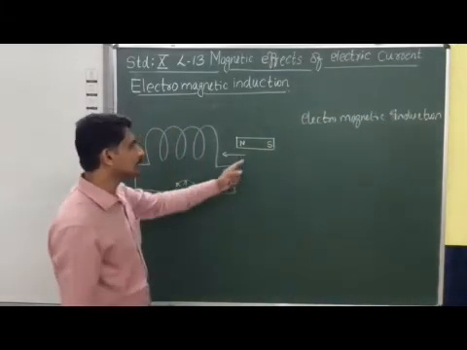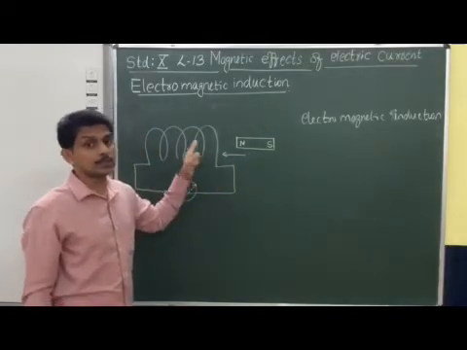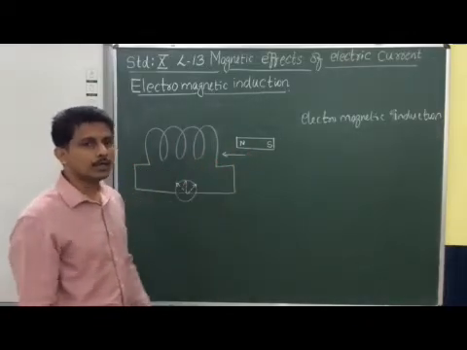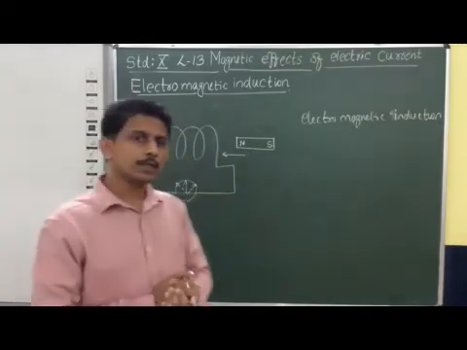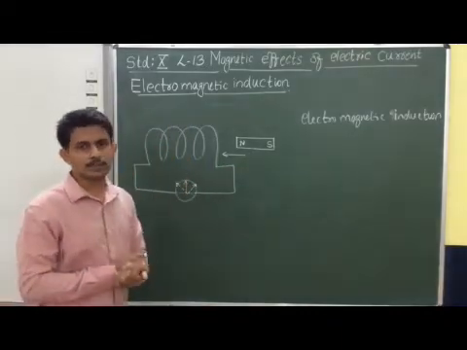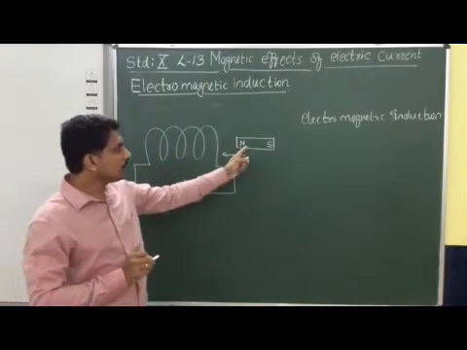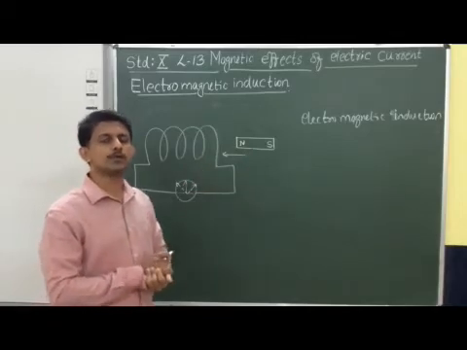Here we can observe that this EMF or current is induced only when this magnet is moving towards the coil or away from this coil. When the magnet comes to rest, no EMF is induced in this coil. So whenever the magnetic field linked with this coil changes, an EMF is induced in this coil.